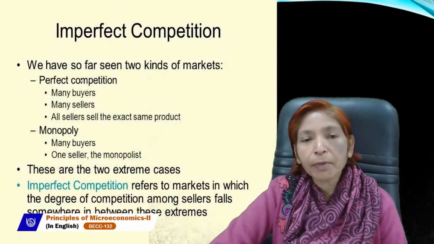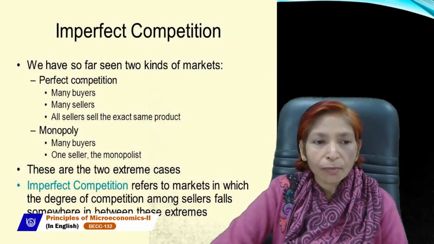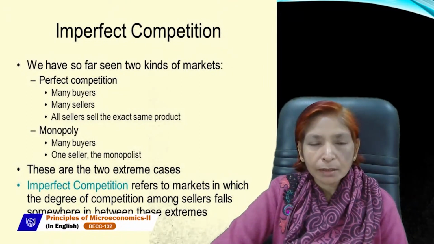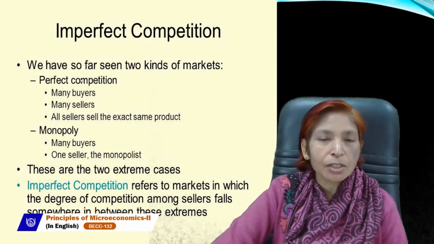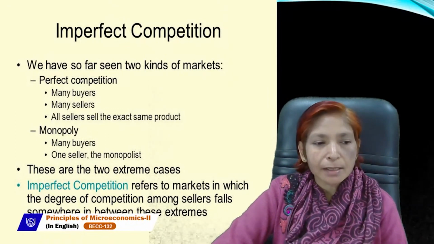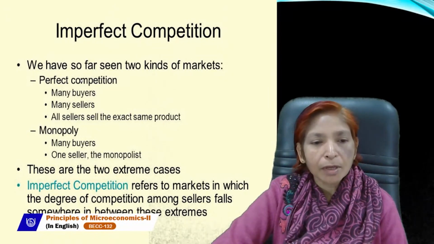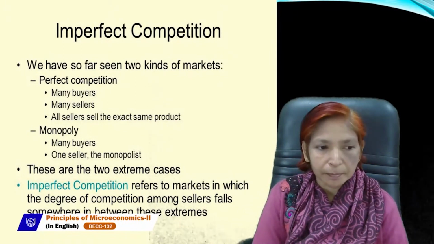Next, what is imperfect competition? As you know, we have so far seen two kinds of market. Perfect competition is a market in which a very large number of buyers and sellers exist, and all sellers produce the same or homogeneous units of the product.